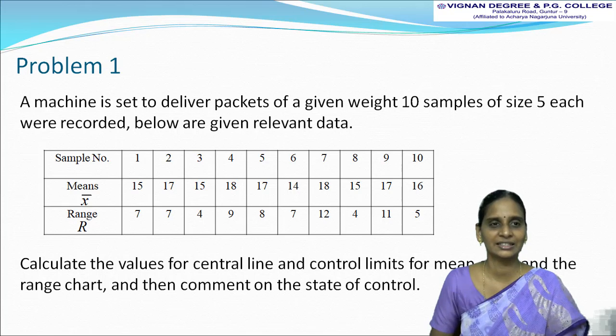And this is the given data. Now we have to find out the central line and the control limits for mean chart. So first of all, we have to find out X double bar and R bar values.